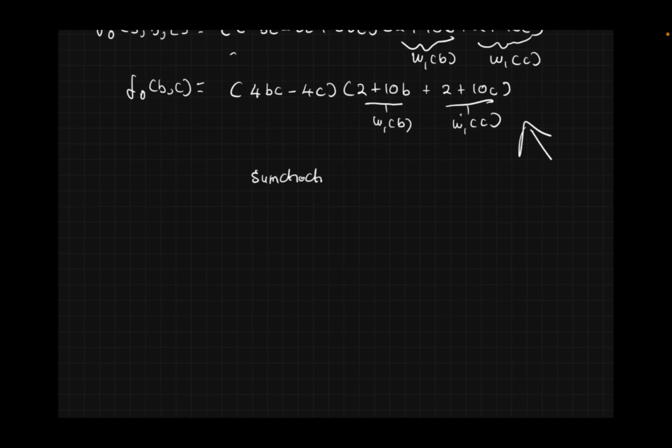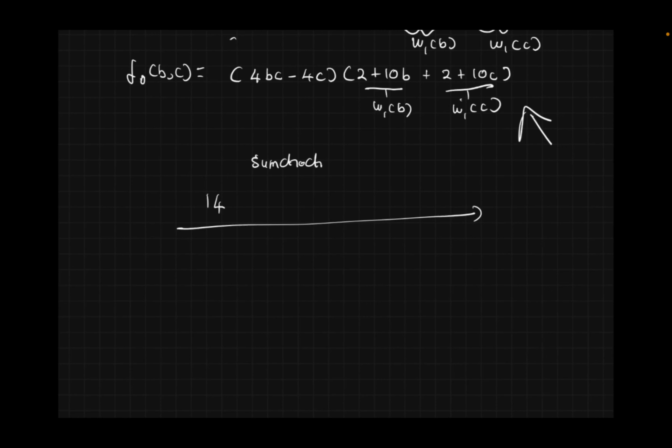What's the claim sum? 14. Now, what is the FB polynomial? We're supposed to evaluate C at 0 and evaluate C at 1 to get FB, right? So we're supposed to do F0 of B0 plus F0 of B1, right?